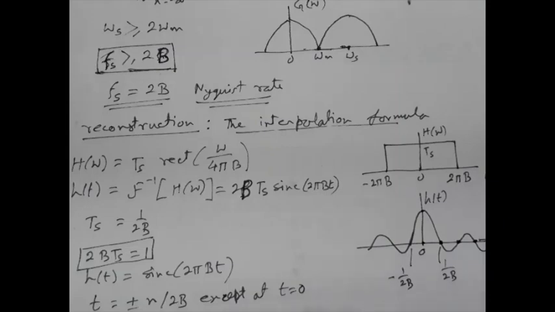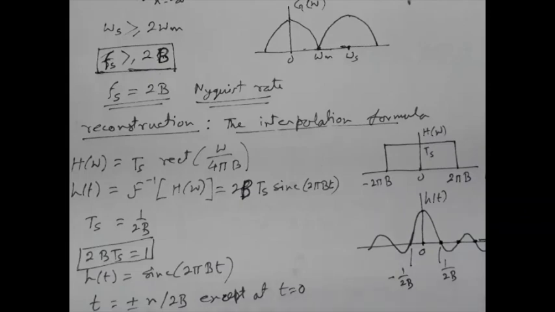Now when the sampled signal g-bar(t) is applied at the input of this filter, the output should be m(t). Now each sample in g-bar(t) being an impulse produces a sinc function of height equal to the strength of the sample. So addition of sinc pulses produced by all the samples results in m(t).